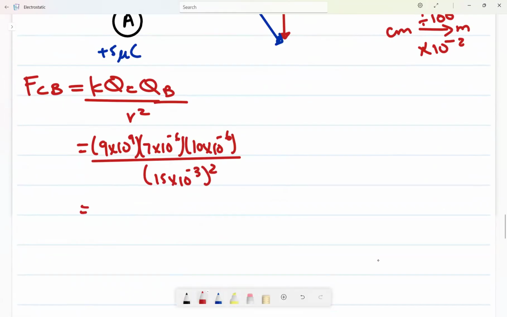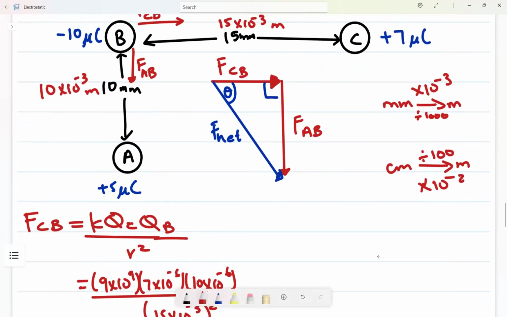Then let me punch that on my calculator: 7 times 10 to the power of negative 6, multiplied by 10 times 10 to the power of negative 6, all divided by 15 times 10 to the power of negative 3, then squared. I get something like 2,800 newtons.